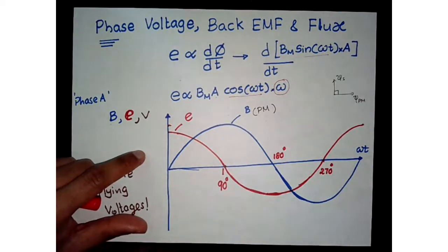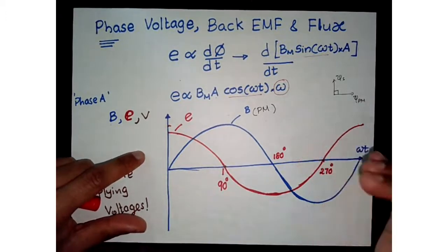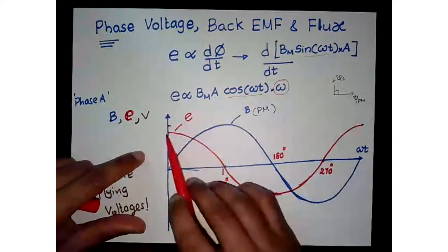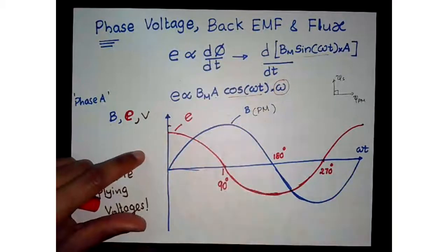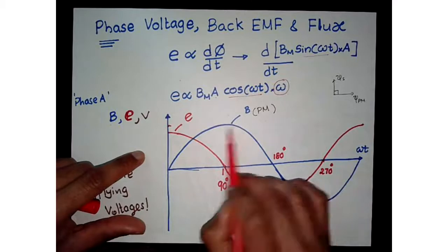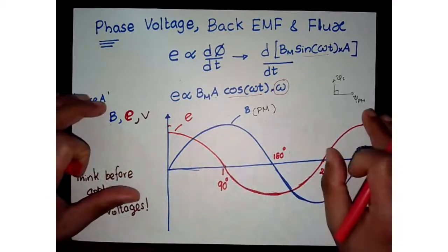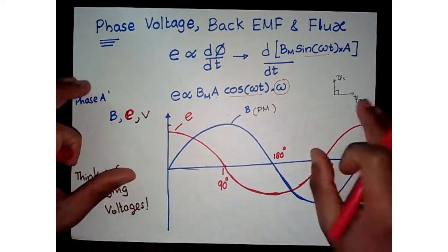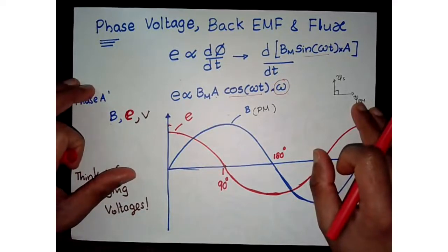All right. The importance here is when you apply voltage to drive a motor, we need to think how we want to align our voltages, how we want to align our currents with respect to our flux density and back EMF. So this is a critical piece of information that we will talk about in one of the videos very soon.